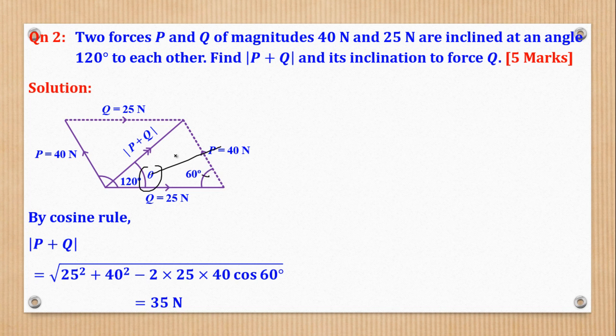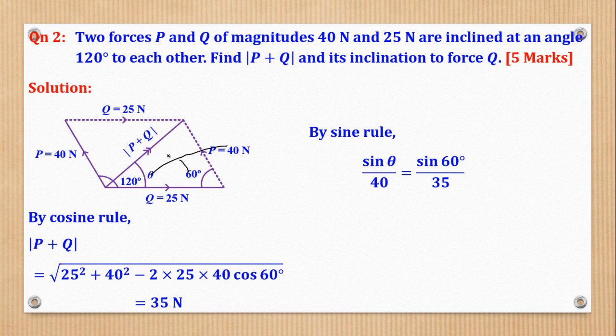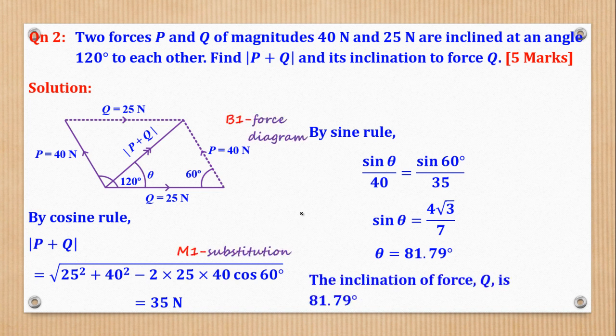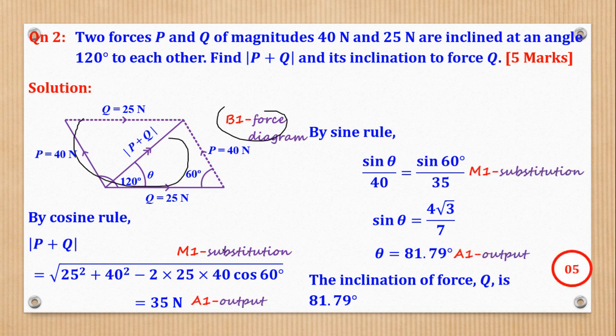For this, we can now use the sine rule. So sine theta over 40 is equal to sine 60 over 35, which is here. Then make theta the subject, you come up with that as the inclination they wanted. The first diagram should be drawn with a ruler. Always remember that.